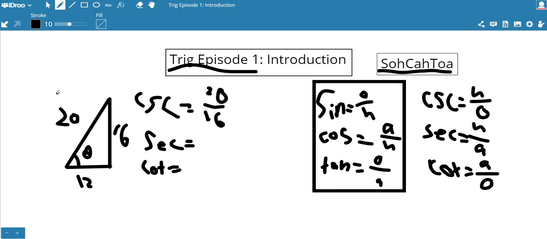Secant is the opposite of cosine, so it would be hypotenuse over adjacent, 20 over 12. And cotangent is the opposite of tangent, so it'll be adjacent over opposite, so 12 over 16.